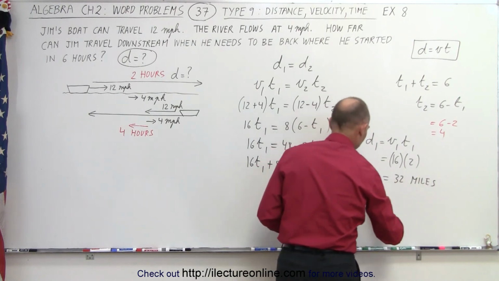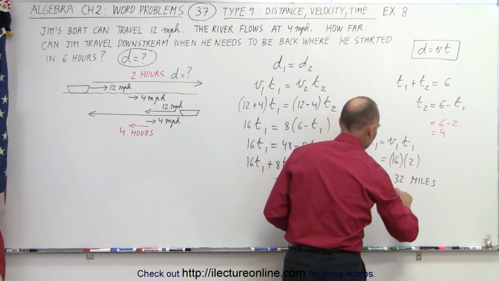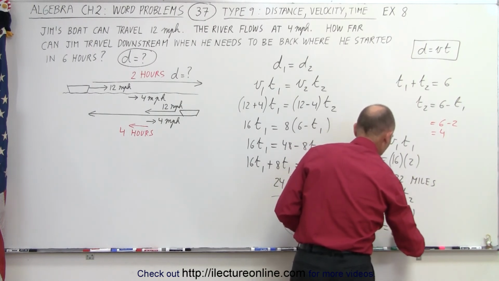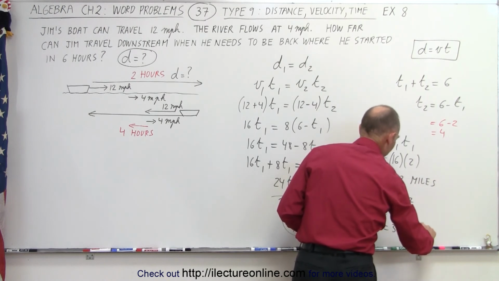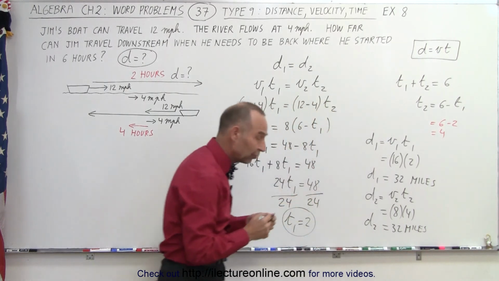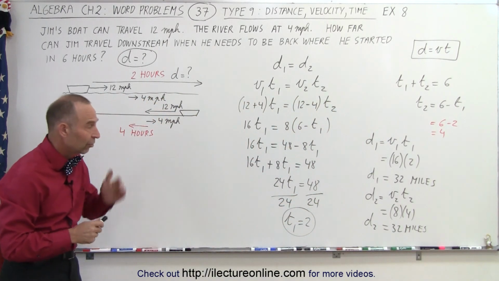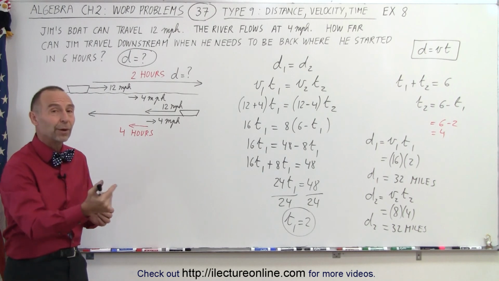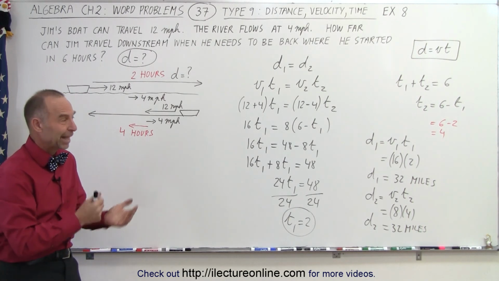And of course, distance 2 is equal to v2 times t2, and v2 will be 8, and t2 will be 4, and sure enough, that's also 32 miles. It better add up, and so you can see that distance 1 is indeed equal to distance 2. It's a good check, and the solution is that he can travel 32 miles downstream before he has to turn the boat around and start coming back, and that's how it's done.